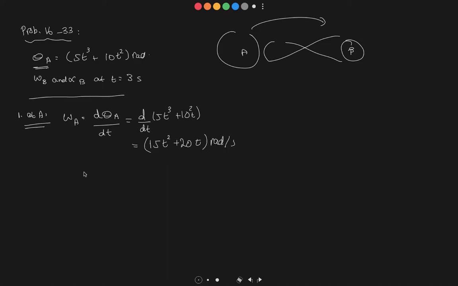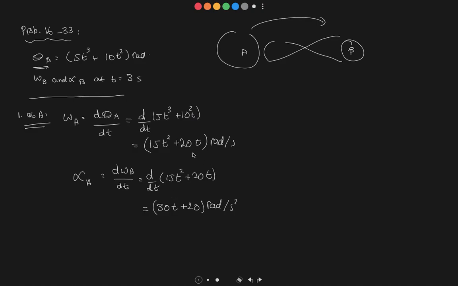Now differentiate that again, and you get the angular acceleration of pulley A. This is d omega A over dt, which is d over dt of 15t squared plus 20t, and this gives us 30t plus 20 in radians per second squared. So this is our first equation, and this is the second one.